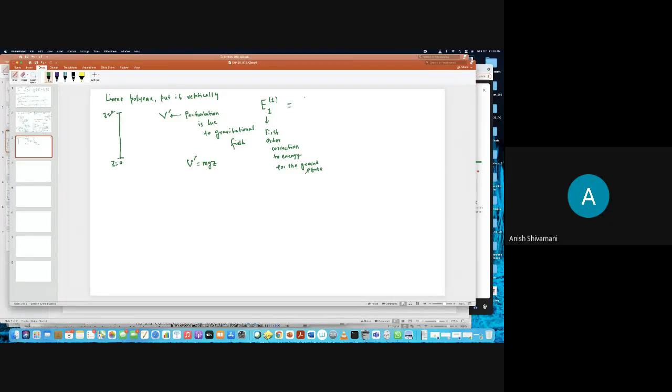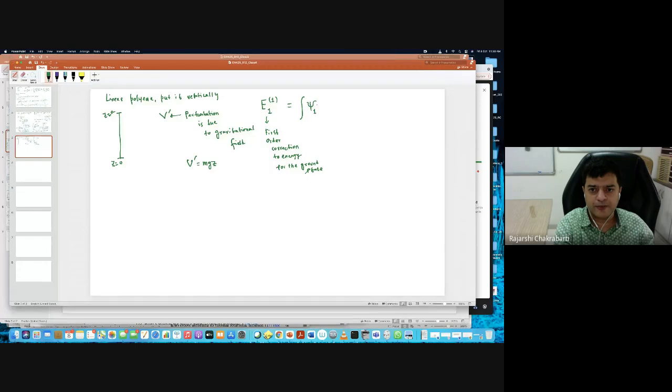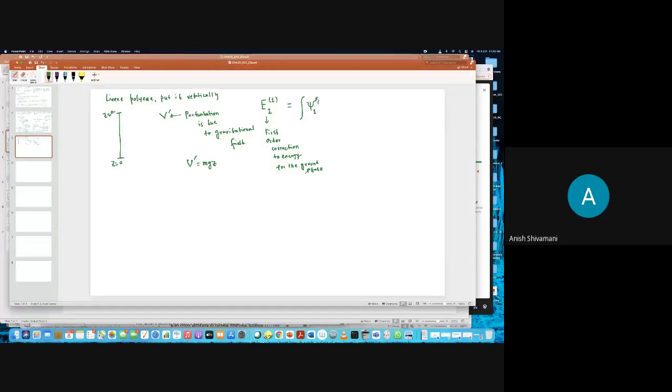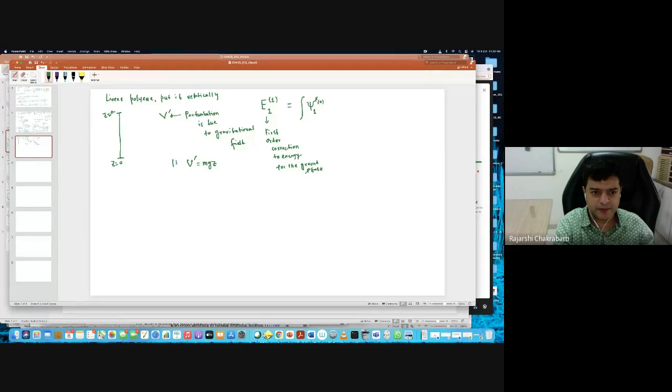Psi 1, H1, psi 1, integrated over dz from 0 to A. H1 is this.